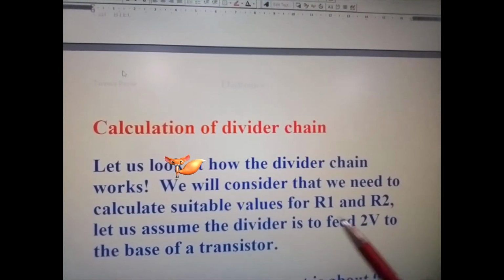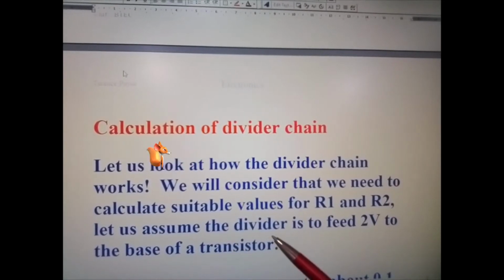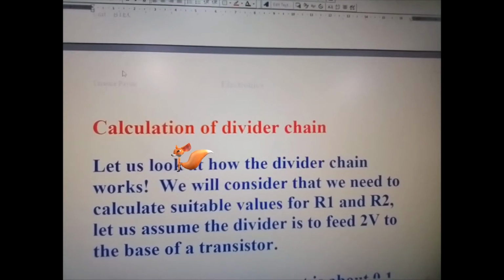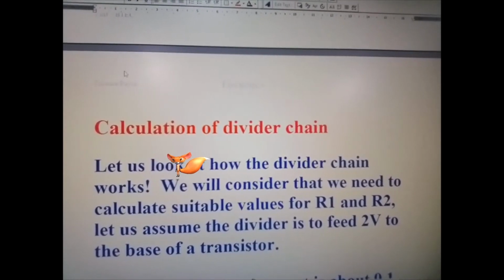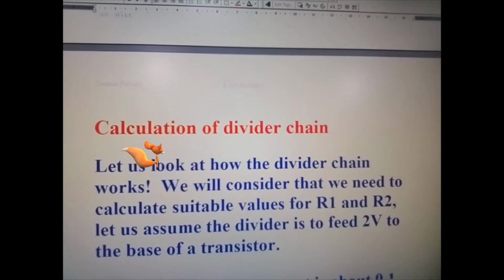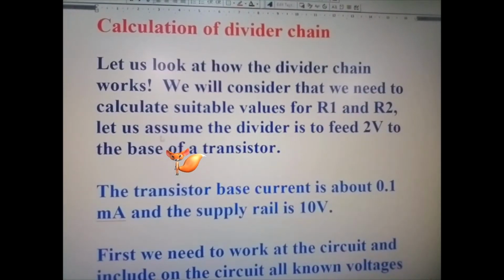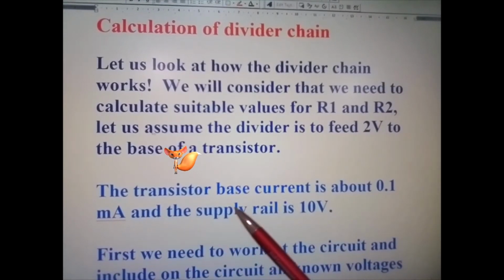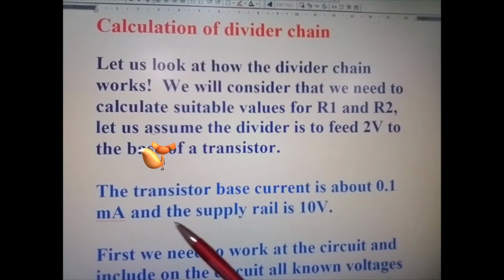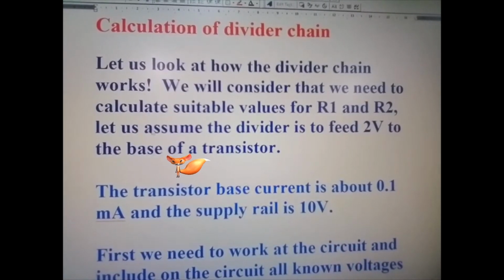Now let us assume the divider is to feed 2 volts to the base of a transistor. The transistor base current is about 0.1 milliamps and the supply rail is 10 volts.